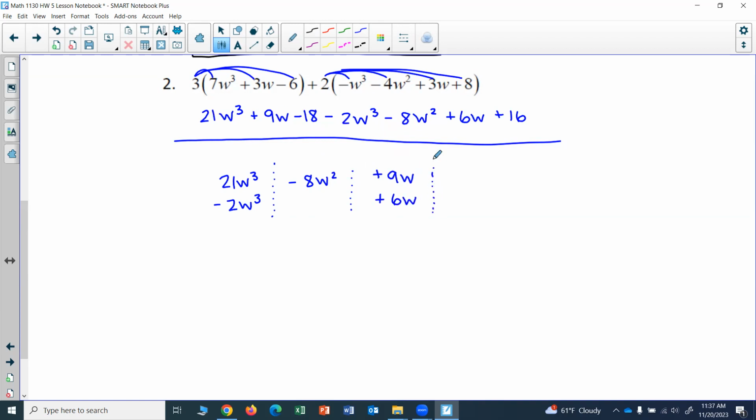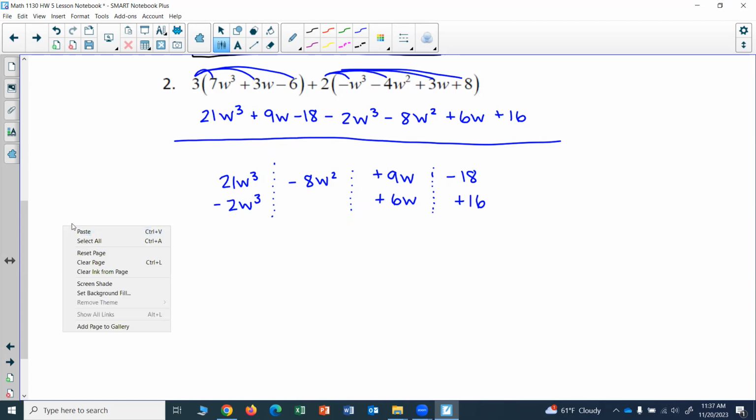And then my constant terms, I have a minus 18 and a plus 16. Notice I'm not changing the signs. This is not the same as trying to solve an equation. I'm just trying to combine the coefficients that are in front of the variable with the same degree. So the cubics line up, the squareds line up, the w's line up, and the constants line up.